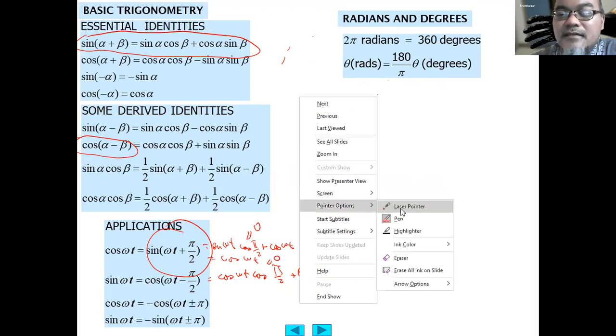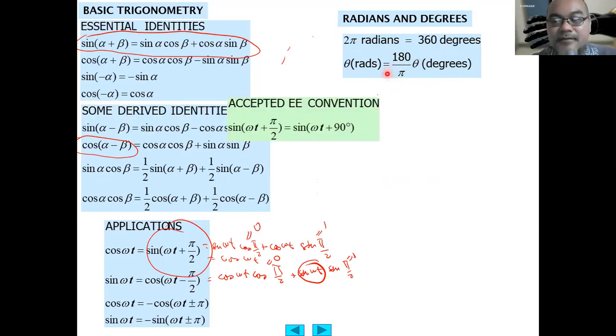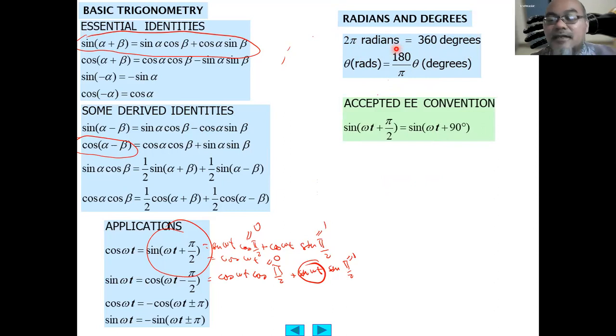So theta in radians equals theta in degrees times 2 pi divided by 360, or pi over 180. This is how to convert between radians and degrees. In the electrical engineering convention, you can write either sine omega t plus pi over 2, or sine omega t plus 90 degrees. If you express it as pi over 2, you are using radians. If you use 90, you use degrees.